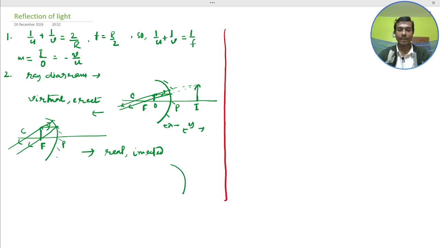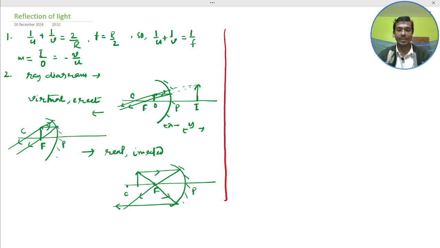Next, the object between focus and center of curvature, for a concave mirror. Here it would be F and C. A ray passes in this direction and comes back through the focus, and another ray follows back in this direction.